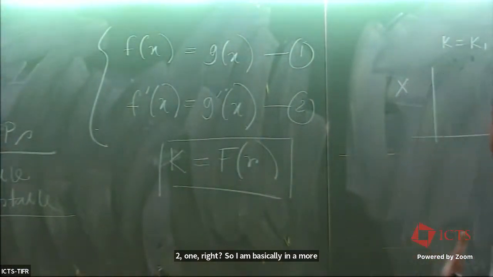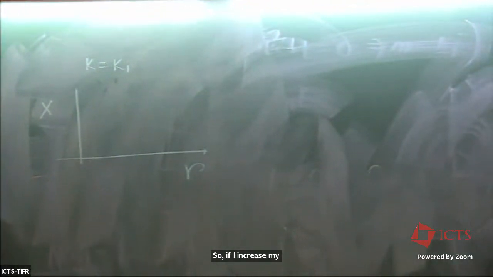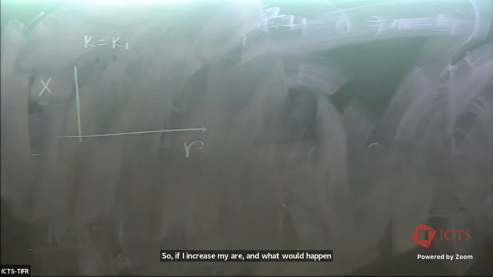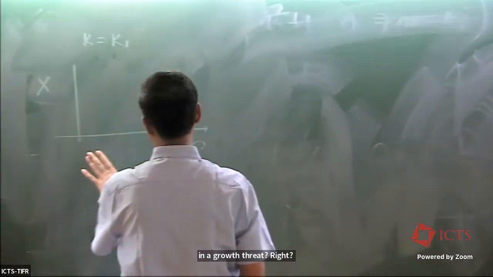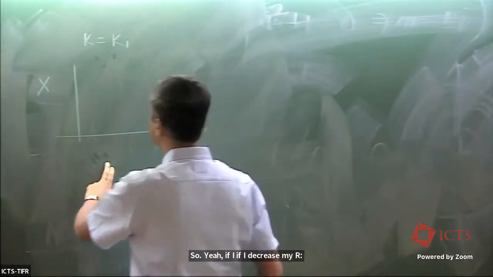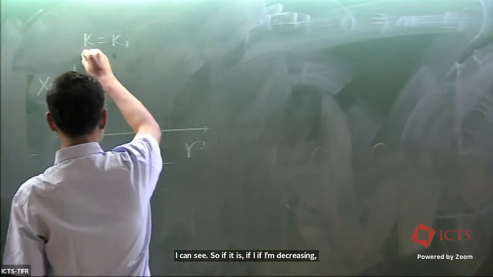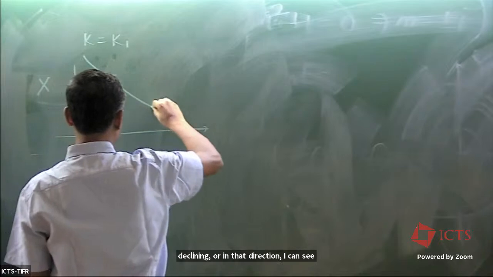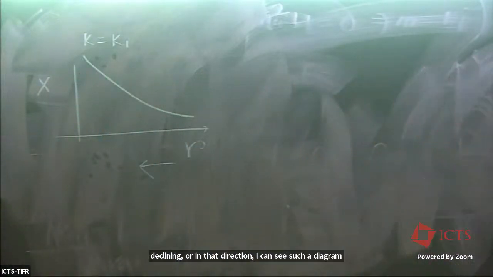So if I increase my r, then what would happen? There will be a change in the growth rate. If I decrease my r, so then what would happen? If I'm declining r in that direction, I can see such a diagram. With decrease in r, x is decreasing.